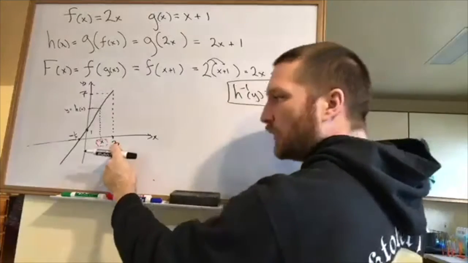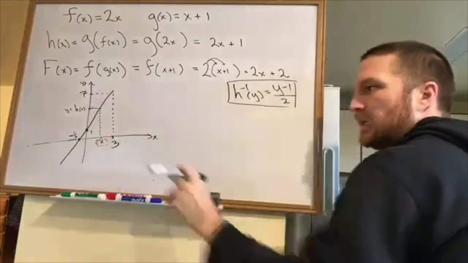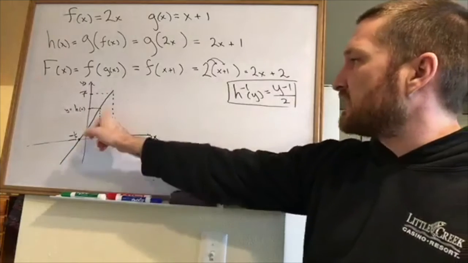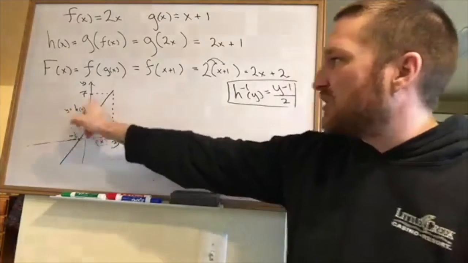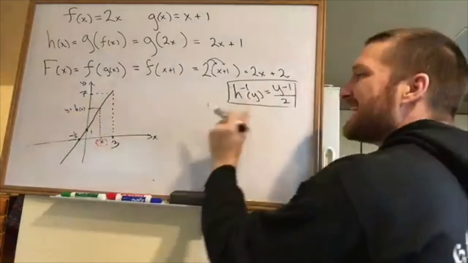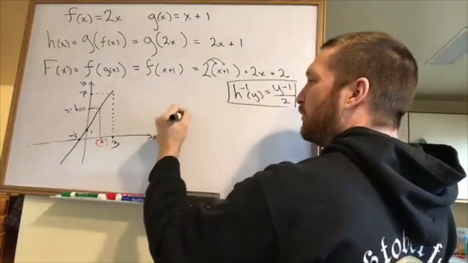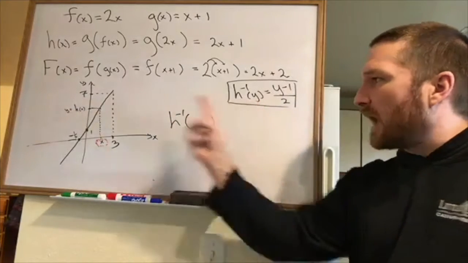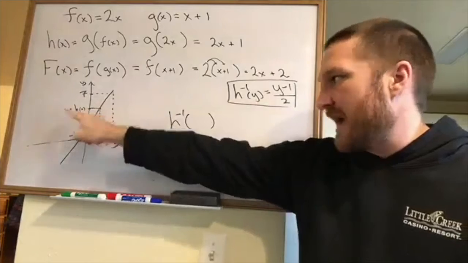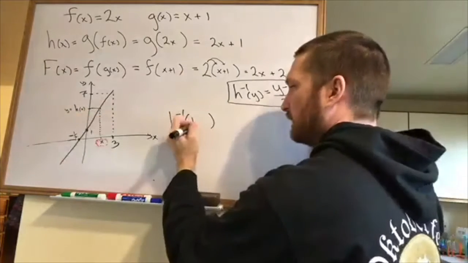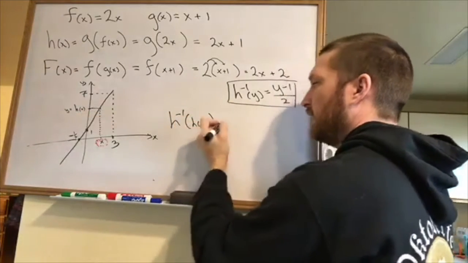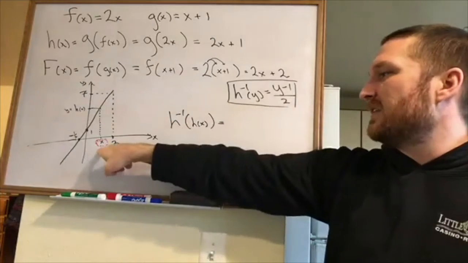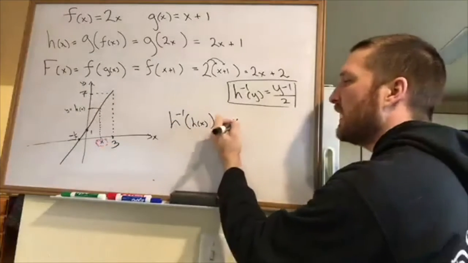Now in symbols, we said plug in x, you get out something called H of x, and then you take that output and plug it in. So instead of calling it y, let's just call it H of x. You should come back to where you started, which in this case was x.